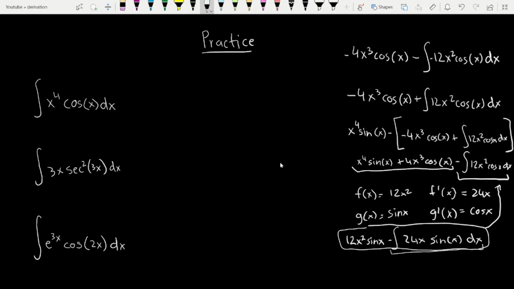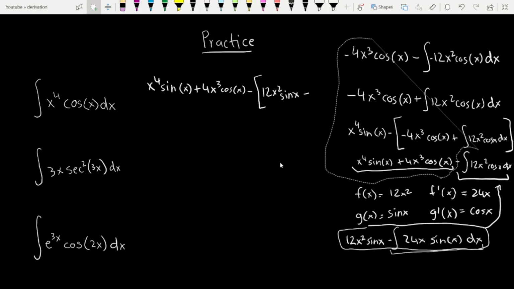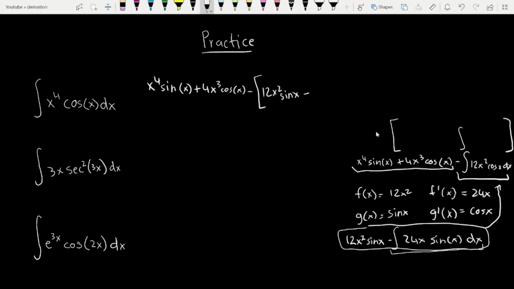Right, so we have x to the power 4 sine x plus 4x³ cosine x, and then we got negative, and then that right there is 12x² sine x minus the integral of 24x sine x dx.